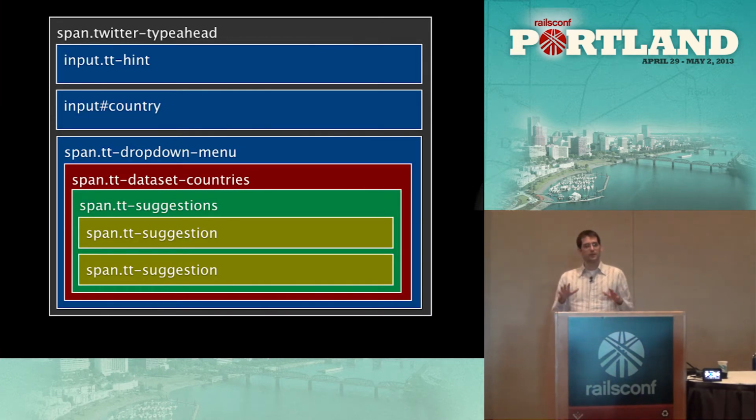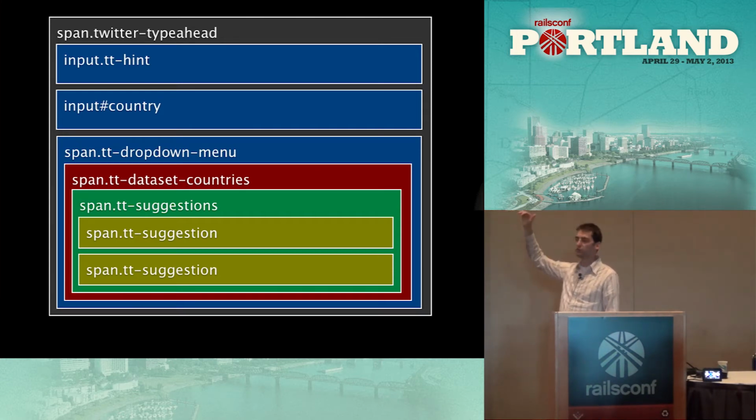All right. So the next couple tests I'm going to talk about are for the example app I showed you. And I'd like to look at how the DOM for that page is so that we'll have a context for understanding the test. So this input country line here that you can see, that is the base HTML of the page. That's what I started with. And then by adding the Twitter typeahead library, all the rest of this stuff got added. So it includes everything in this Twitter typeahead span.